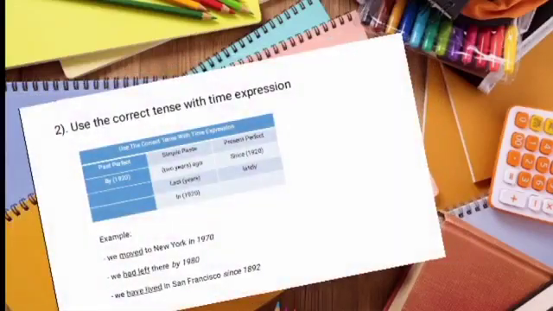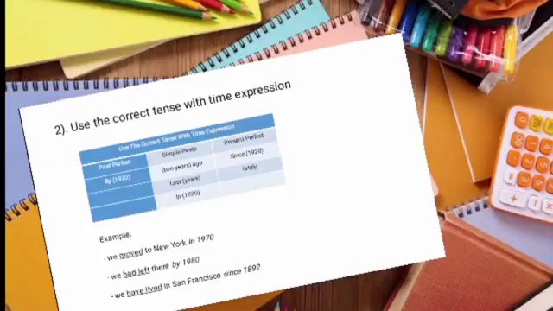The second is use the correct tense with time expression. Make sure that you remember the difference between past perfect, simple past, and present perfect time expressions. Past perfect is usually used with by plus a year, for example, by 1920.